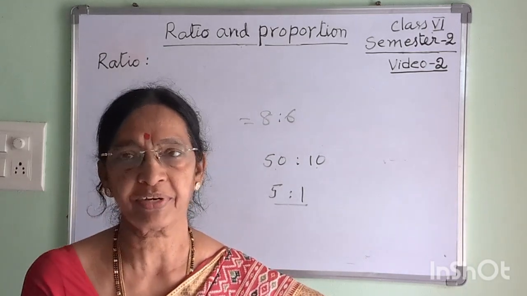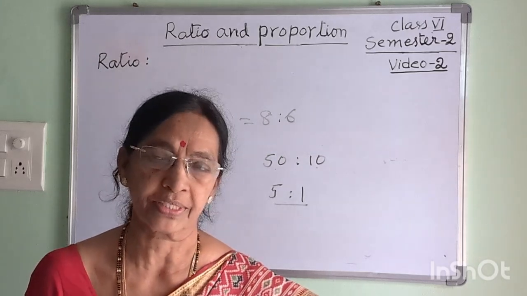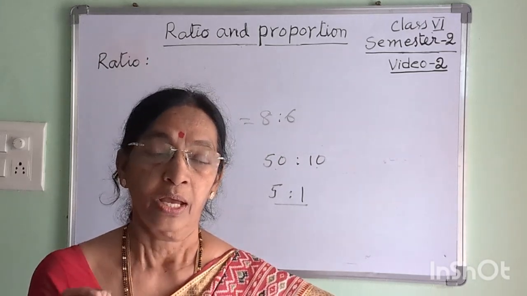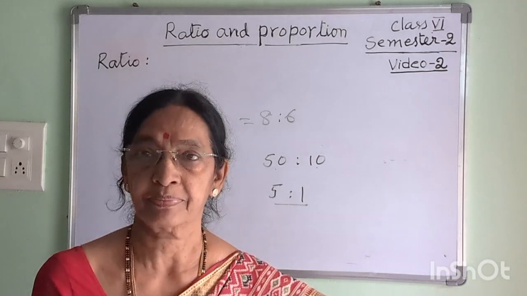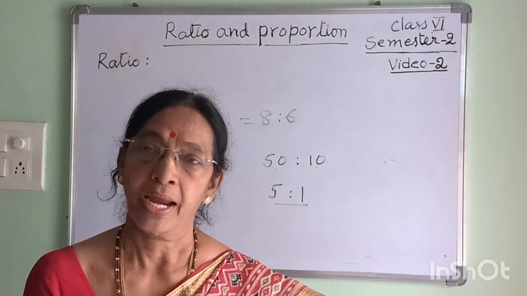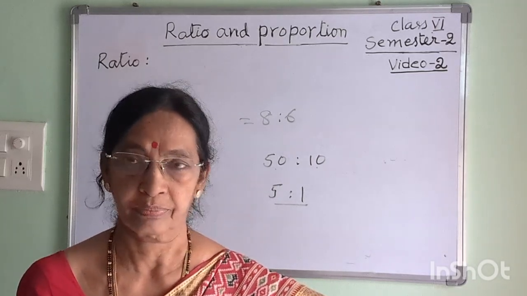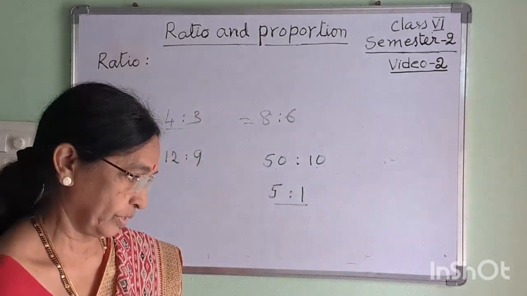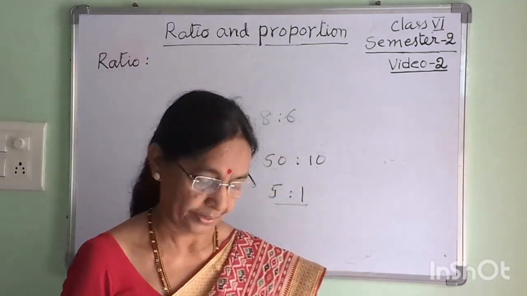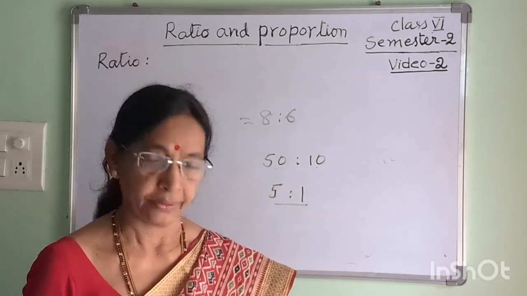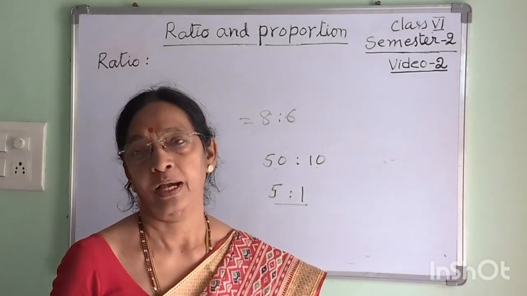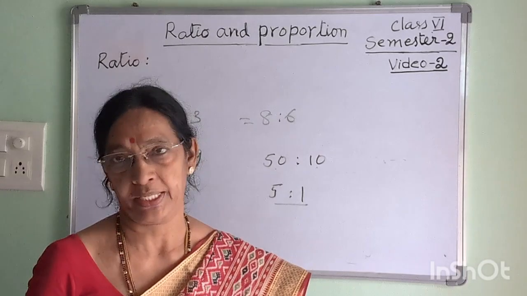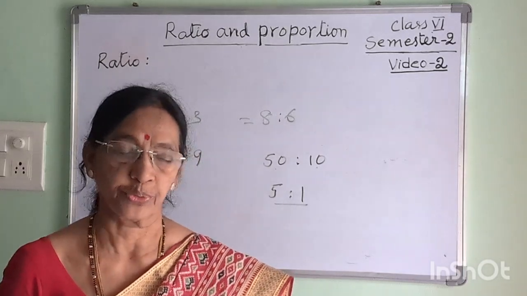Height and mass are different quantities. Therefore, we compare the same type of quantities, and the units are also taken in the same units. Then only we can compare correctly. That comparison, how many times one thing is to the other, is called the ratio.